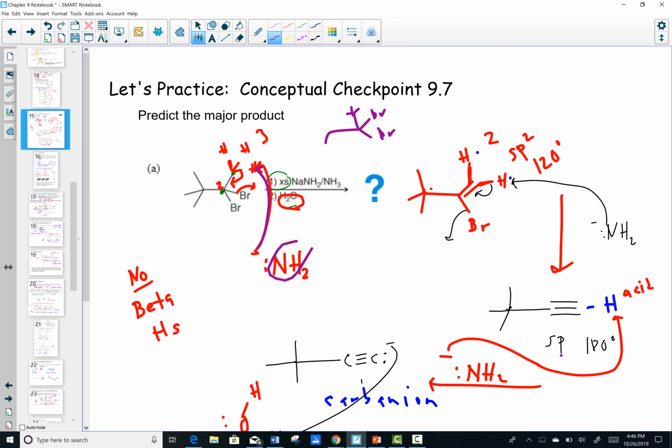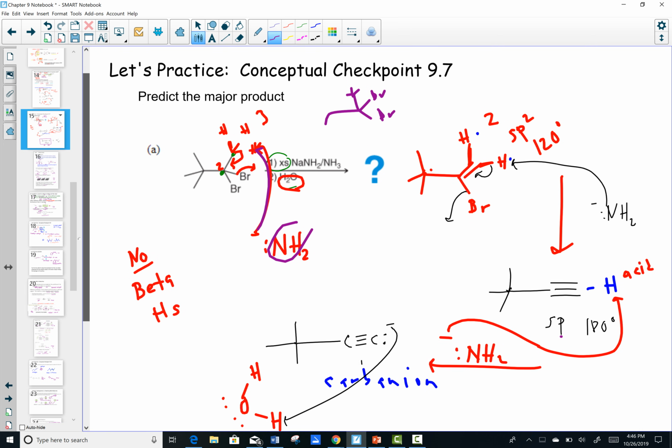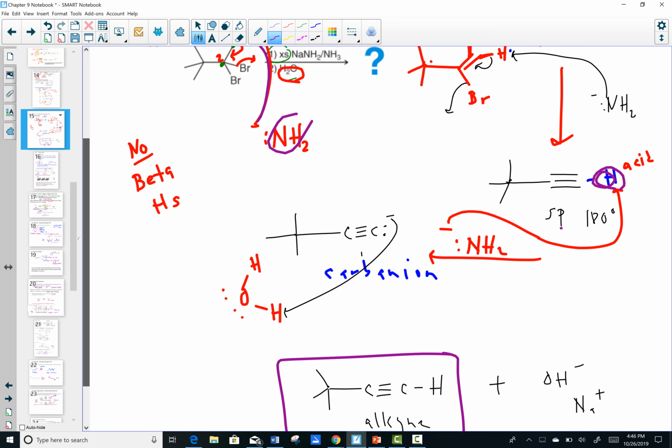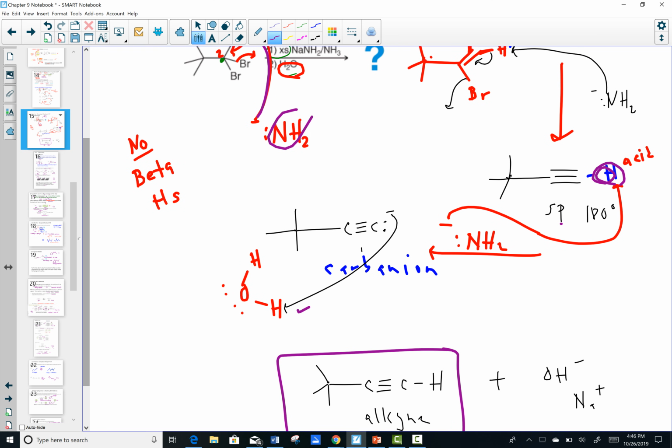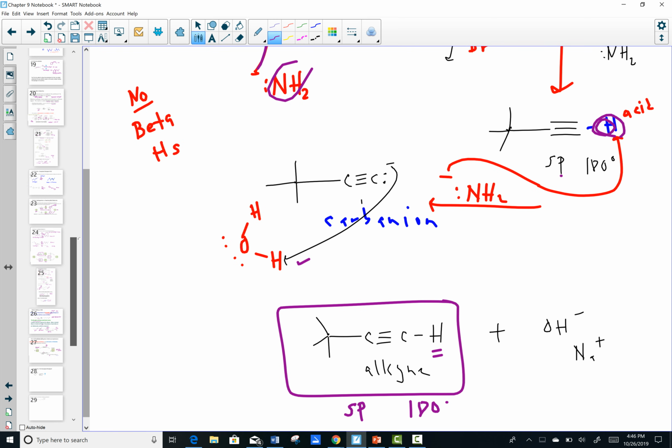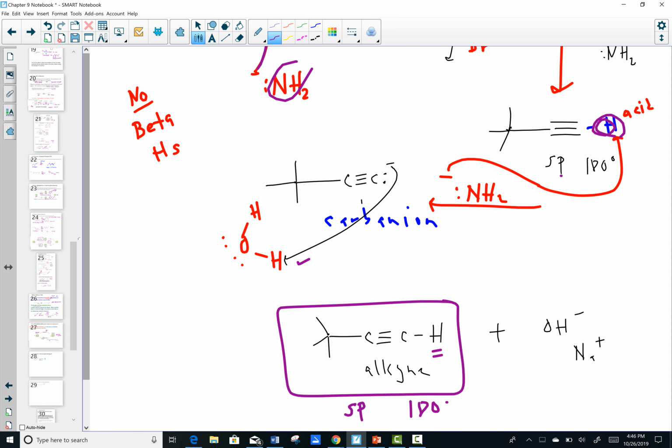And recall from our previous lesson that amide is so strong, so hard to control, that this proton, the terminal proton of a triple bond, is very acidic. So the amide then also plucked off that proton. That's the reason that we added the water molecule. The water molecule was used to reprotonate the alkyne. So when I say go back and look at that lesson as review, that's specifically why.